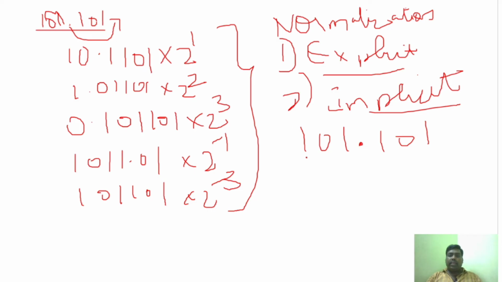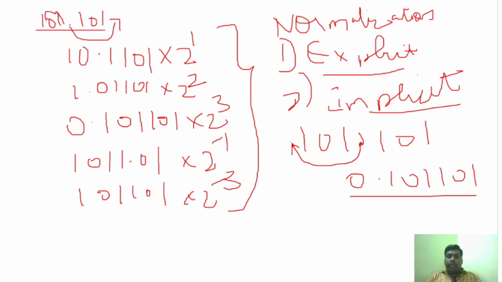Now I'm going to write this as an explicit representation. I move the decimal point to the left of the MSB 1, which is the exact definition. So it is 0.101101. This is explicit representation. You can see I'm moving the decimal point to the left of the MSB.